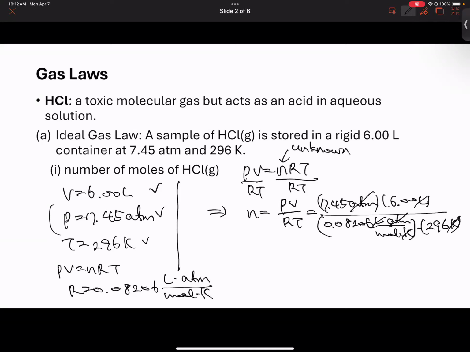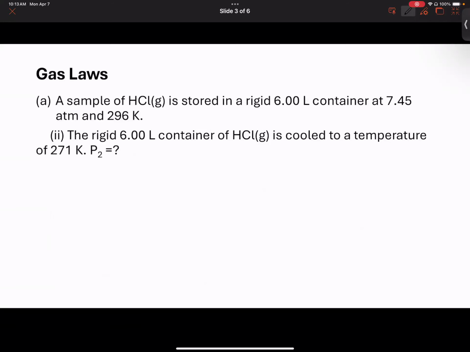The remaining unit is 1 over 1 over mole, which is mole. Which is mole right there. And we simply calculate it, and then represent the proper number of significant figures, 3 here. So let's represent our answer with 3 significant figures, and it is 1.84 moles of hydrogen chloride gas in that 6-liter container.